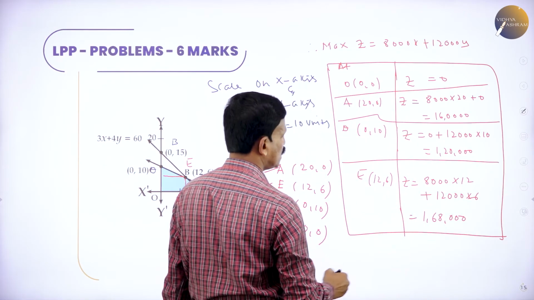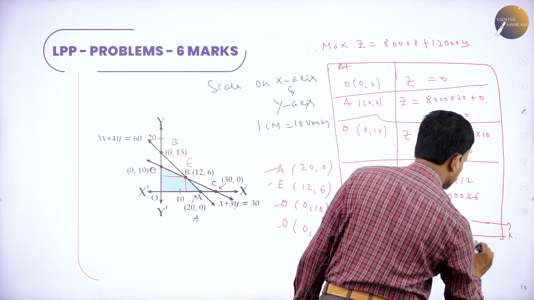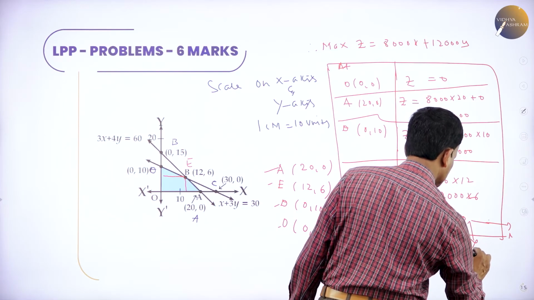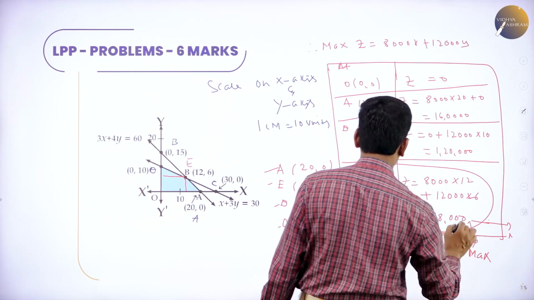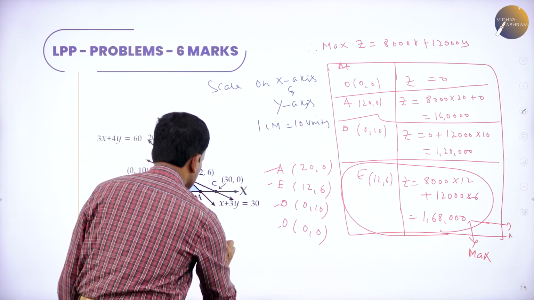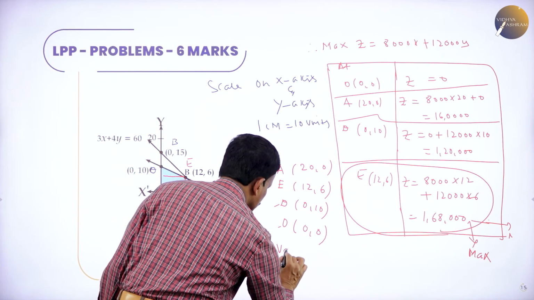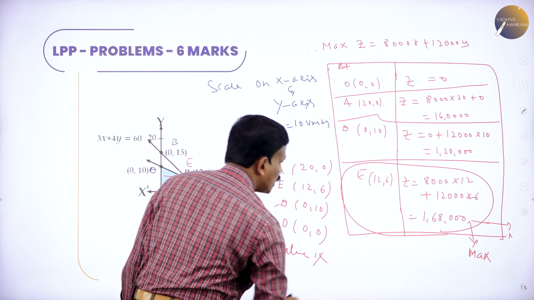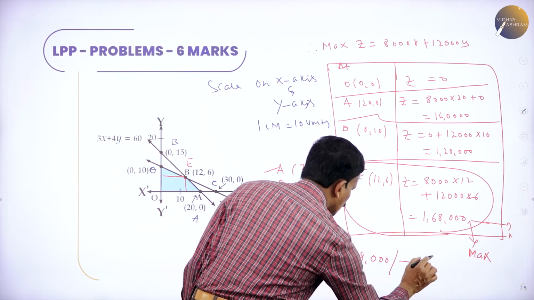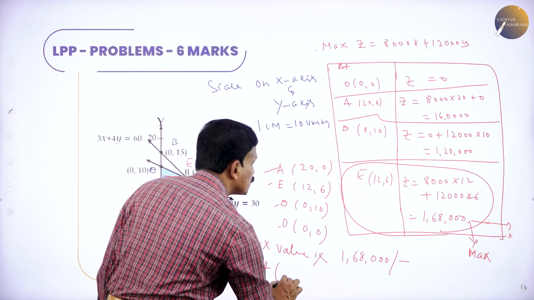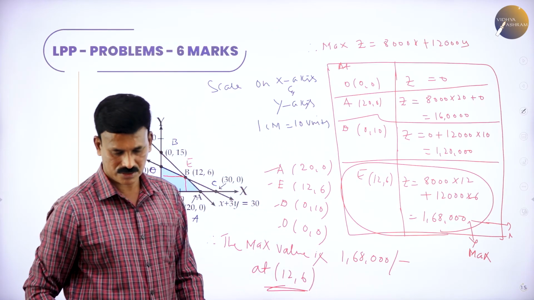Therefore, this is the maximum value. So, the function is maximum. Therefore, the maximum value is 1,68,000 rupees at 12, 6.